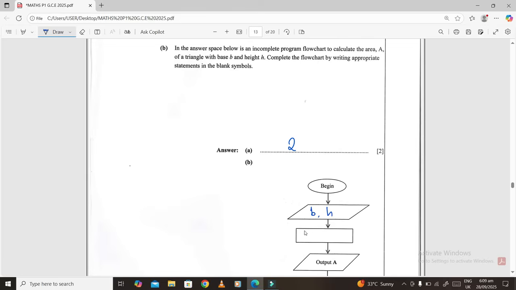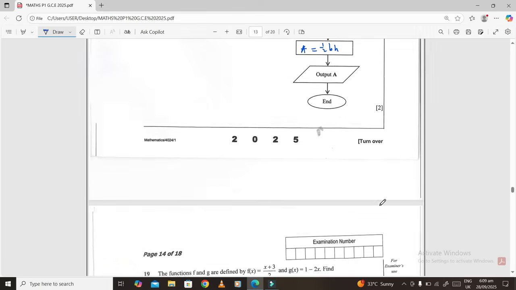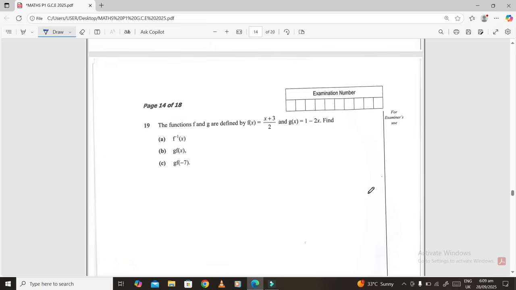B, H. Here write the formula for finding the area of a triangle, because they're saying triangle. So I'll just say area is equal to 1/2 BH. That's all. We go to the next question. They've given us the functions. This is question 19. So question A, we find the inverse.